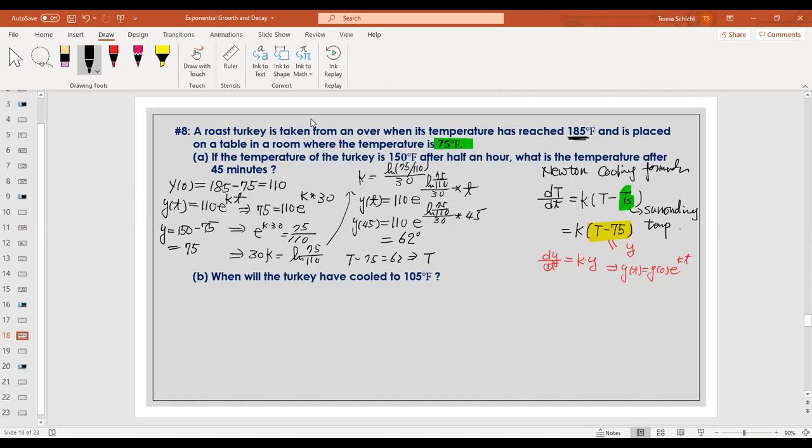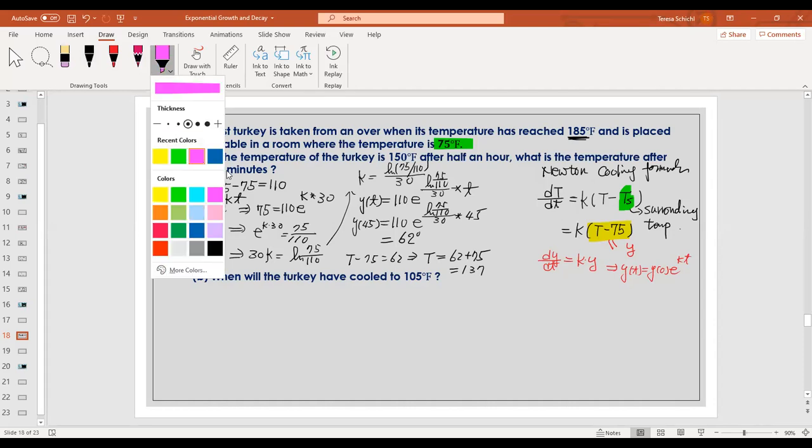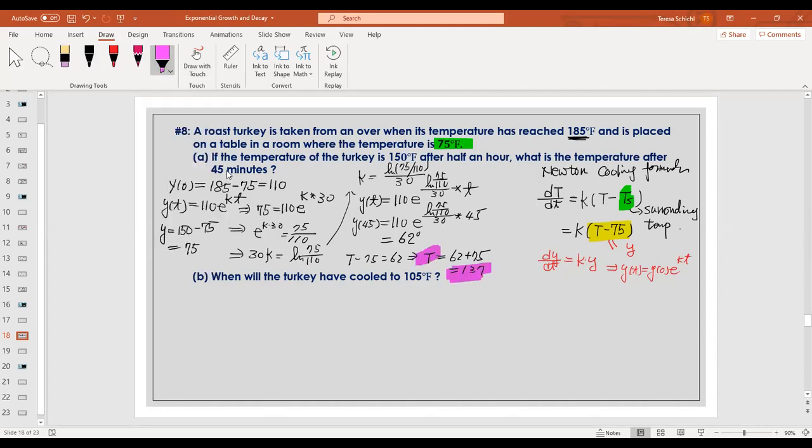So T at 45 minutes will be 62 plus 75. It will be 137. So this is the temperature at 45 minutes, right? So be careful here, because y is T minus 75 here.